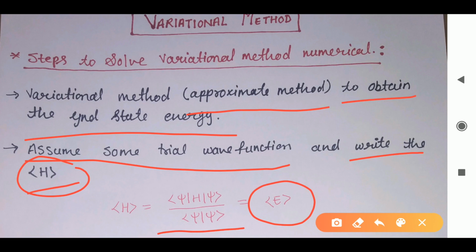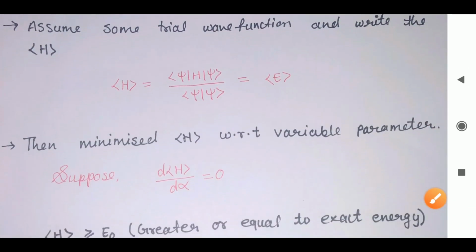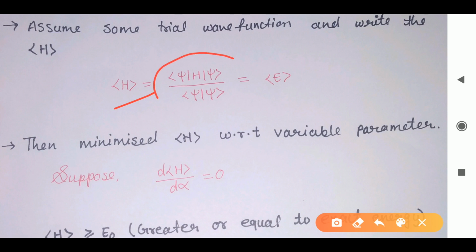So first we take a trial wave function, and after that we write the expectation value of the Hamiltonian to solve further with the help of this formula.